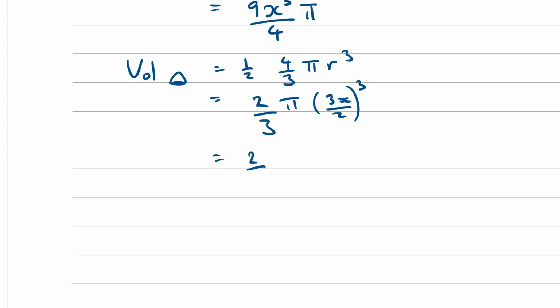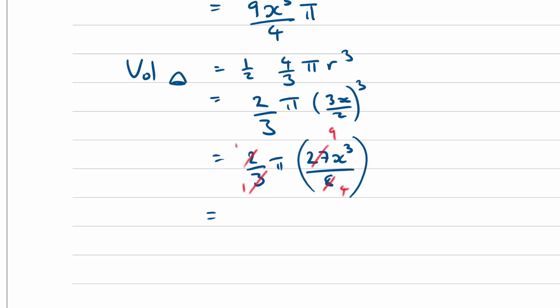So that gives me 2/3. Let's just cube out this bracket then. So 3 cubed is 27. X cubed is x cubed over 2 cubed, which is 8. So multiplying everything out there, and then combining our fractions. 3 goes into 27 9 times. And 2 goes into 8 4 times. So that simplifies things a little bit.